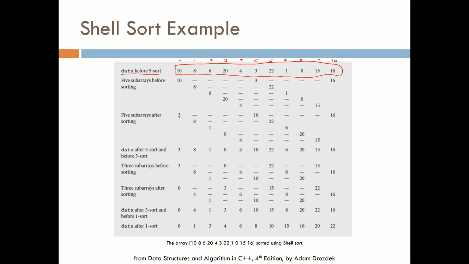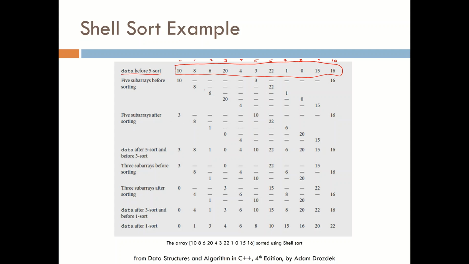So I physically moved the 3, which was previously at index 5, to index 0. And the 10 was previously at index 0, and it got moved to index 5, and then finally the 16 remained in index 10 because it's the greater of these 3 numbers.